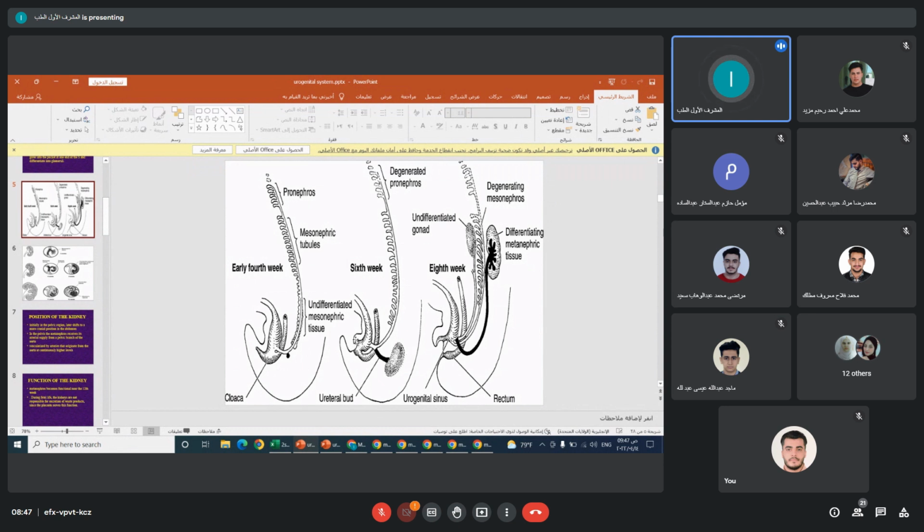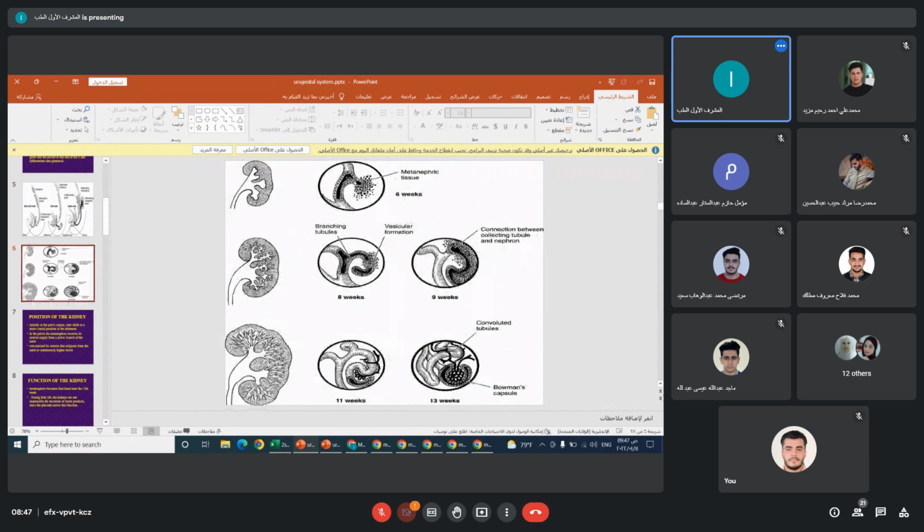The proximal end of each nephron forms the Bowman capsule. You can see here in this slide, this is the collecting duct, 1 to 3 million, which comes from the ureteric bud. This is metanephric tissue.